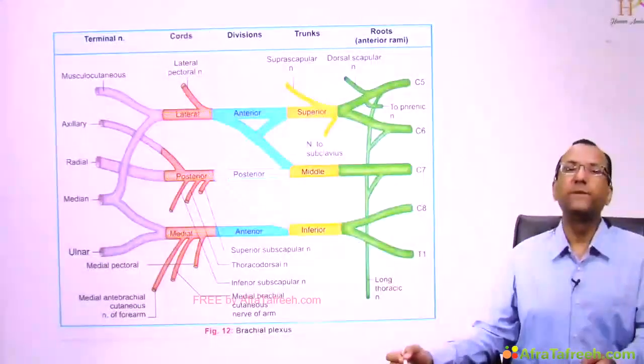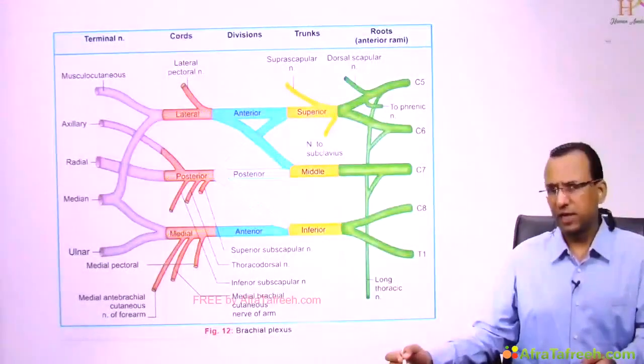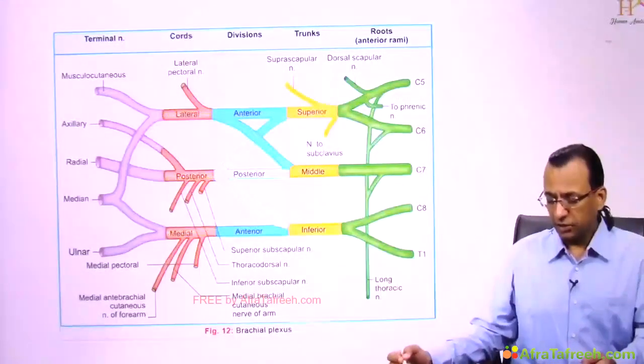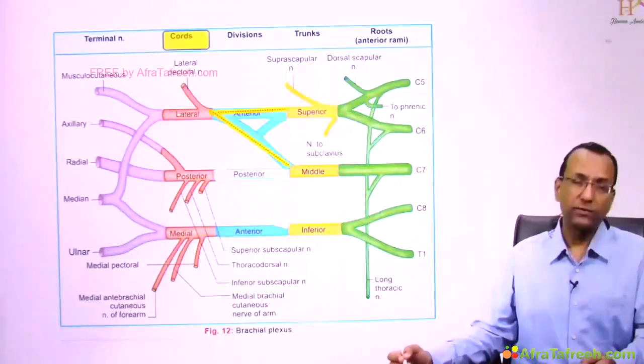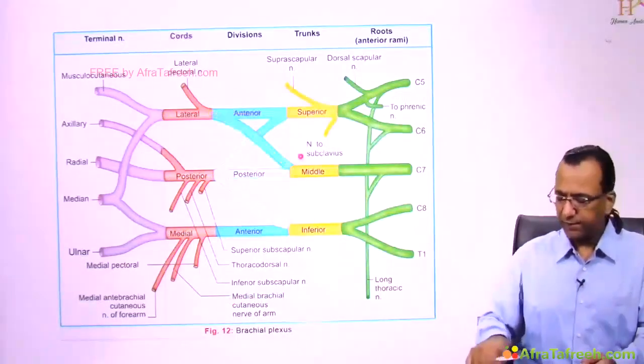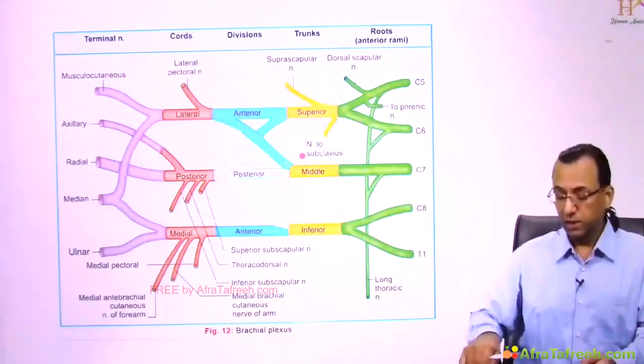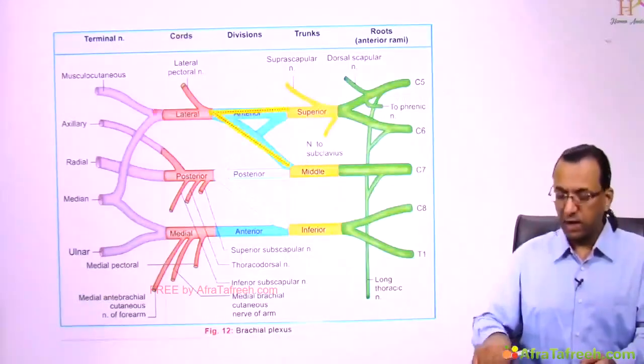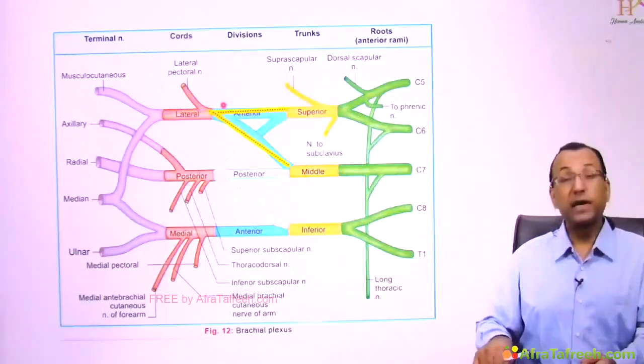There are 3 cords of the brachial plexus in the axilla. How is the lateral cord formed? The anterior division of the upper trunk and middle trunk join to form the lateral cord of the brachial plexus.